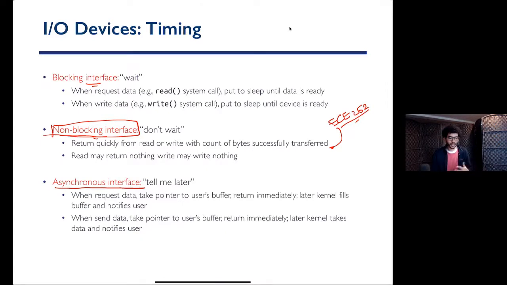For example, if you want to read and your data is not in memory, you just say, okay, I don't want it anymore, so just return unsuccessful, and then I continue. If you want to write, it's the same. You say, write this, and I'm not going to wait, and you continue your execution. Either the write goes and is successful, or it's not successful. You don't wait.